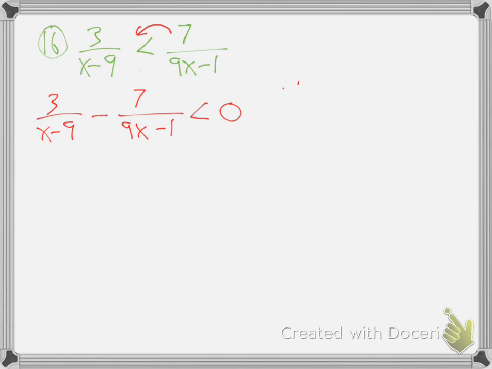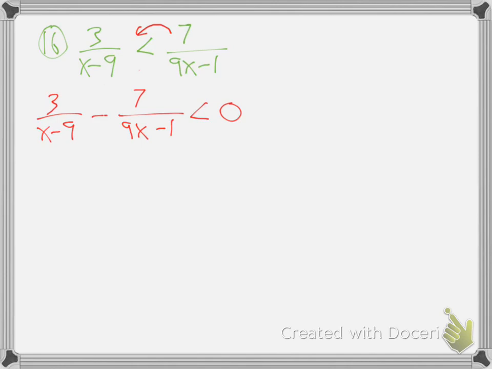Is that good? So step 1 now, you have to combine those and get a common denominator. How do you get a common denominator here?